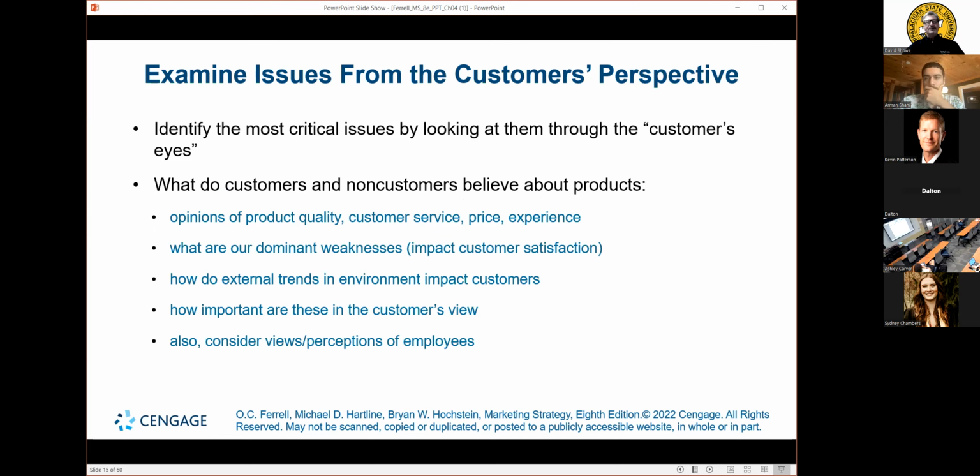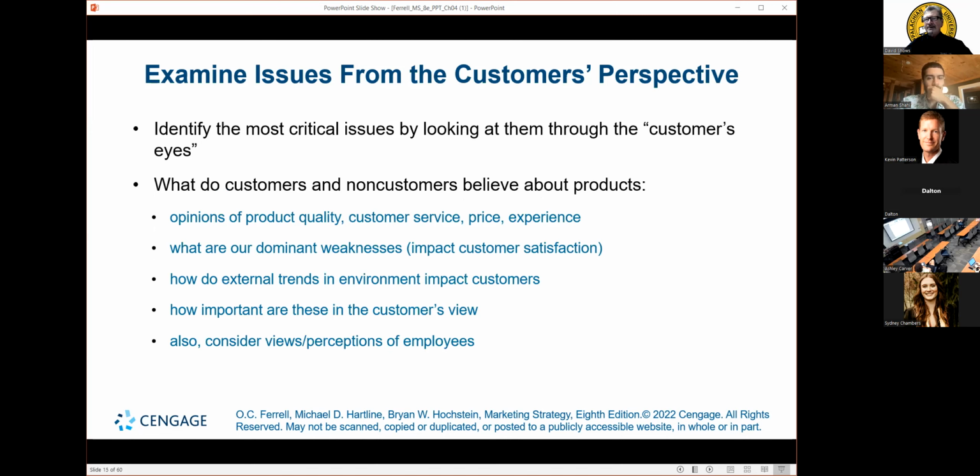The next thing is that you need to examine the issues from the customer's perspective, all right? It's important to understand from the customer's eye that while everything may be valued, it may not necessarily be valued in the customer perception. So you may want to know what customers and non-customers perceive or believe that makes their products so valuable.